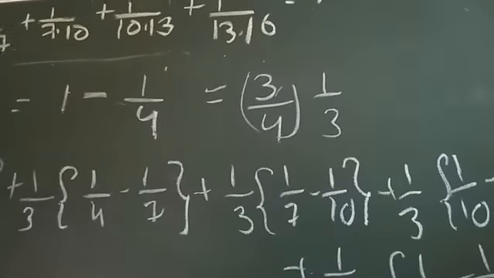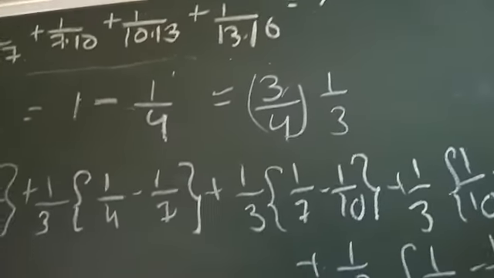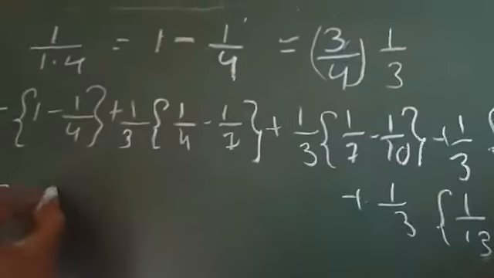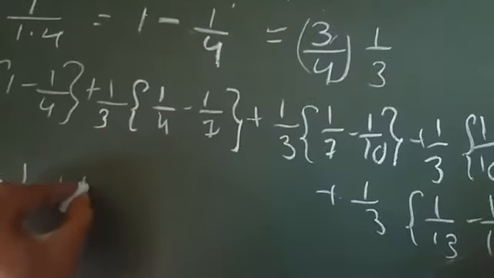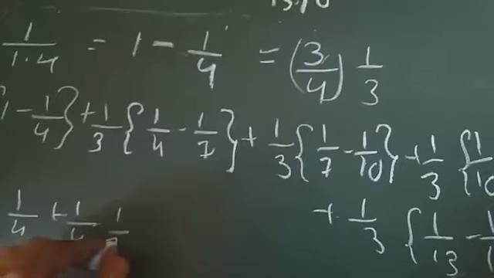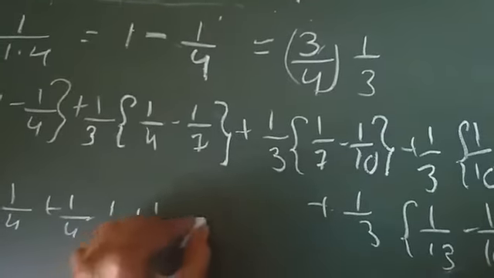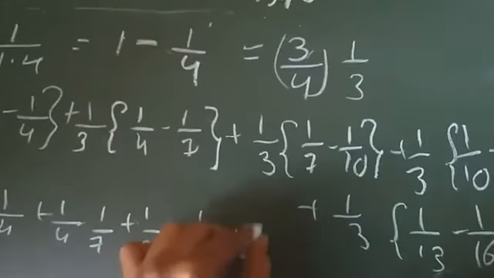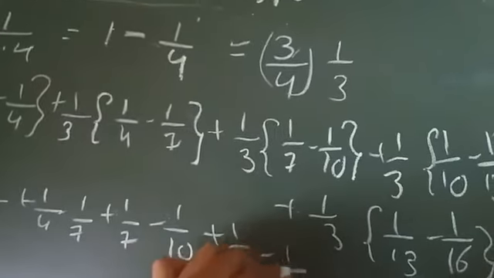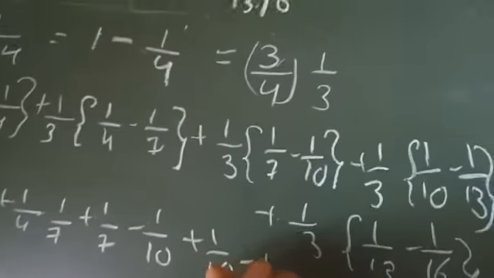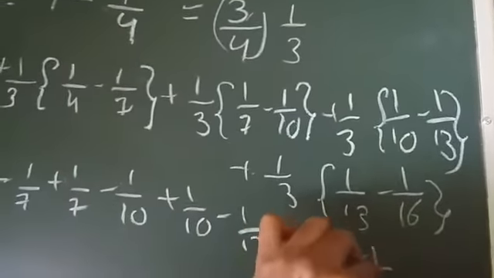If we take 1 by 3 as common, the remaining terms are 1 minus 1 by 4 plus 1 by 4 minus 1 by 7 plus 1 by 7 minus 1 by 10 plus 1 by 10 minus 1 by 13 plus 1 by 13 minus 1 by 16.